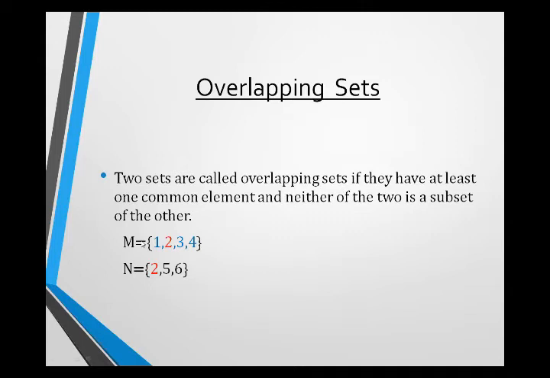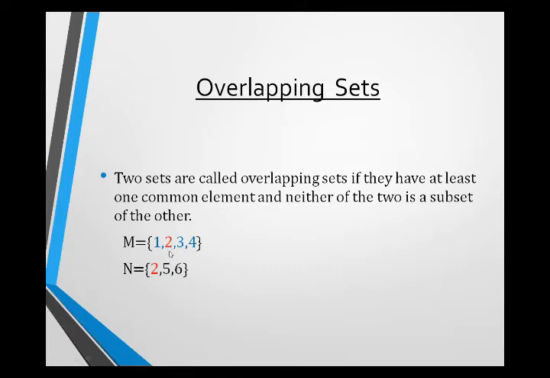Here we have an example for the overlapping sets. Here, students, the set M is equal to 1, 2, 3 and 4, and we have a set N equal to 2, 5 and 6. As you can see, the number which is common in both sets I write with a red color.